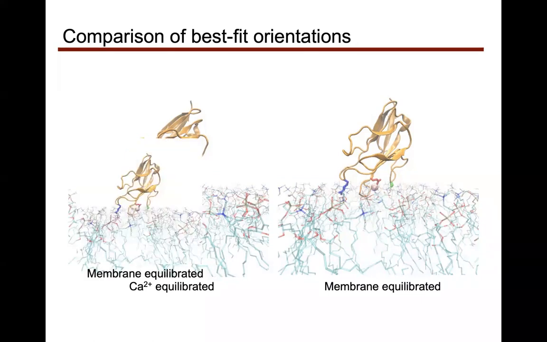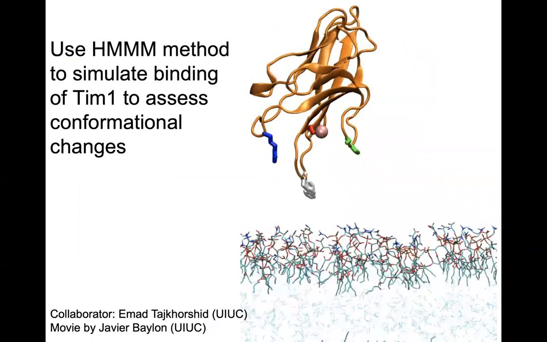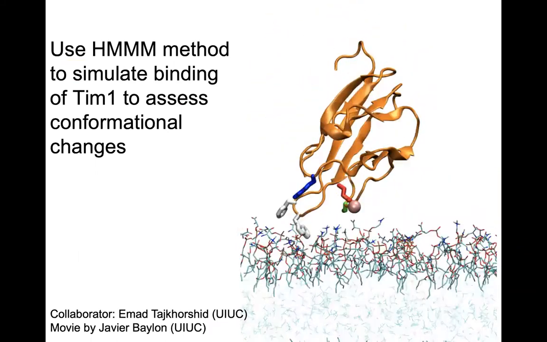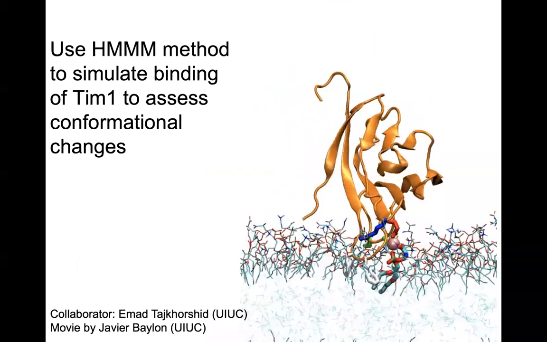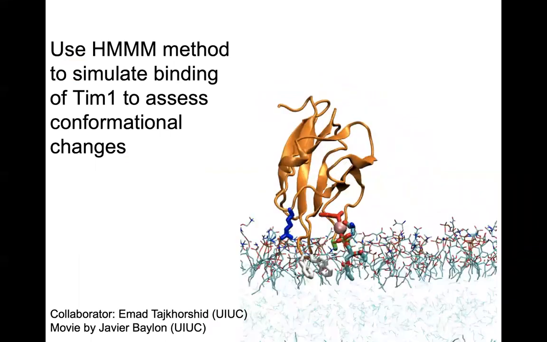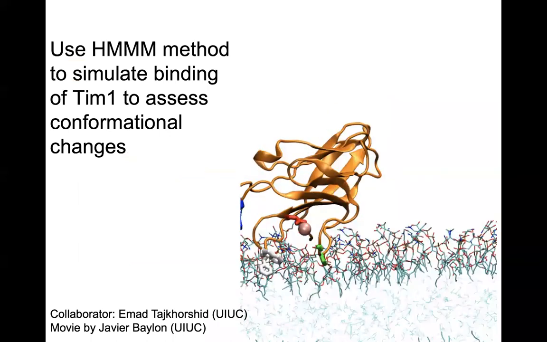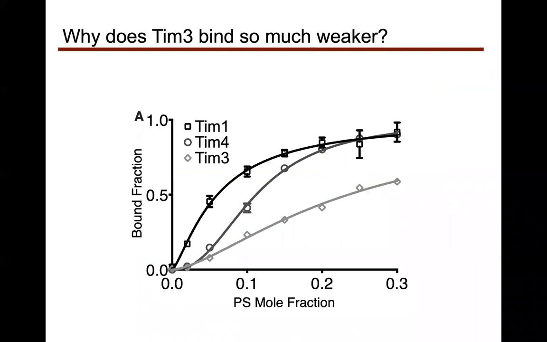And when we run a coarse grain method, the highly mobile membrane mimetic method, to simulate this open pocket binding to the surface, what we found is that the bound orientation is very much similar to the membrane equilibrated position, which allows us to get at the orientation of this TIM1 protein onto the surface.